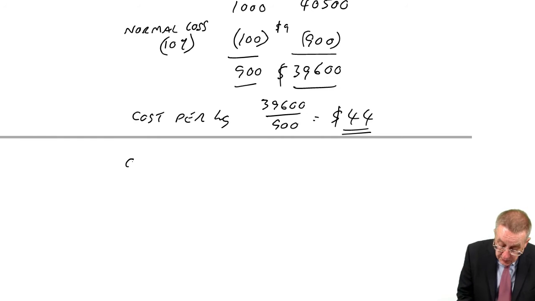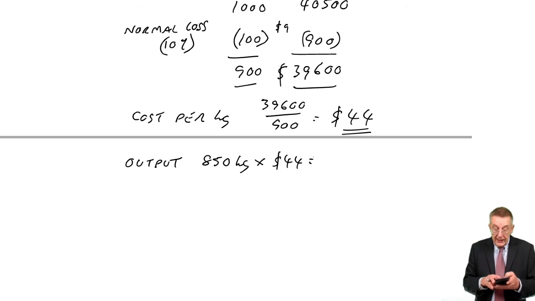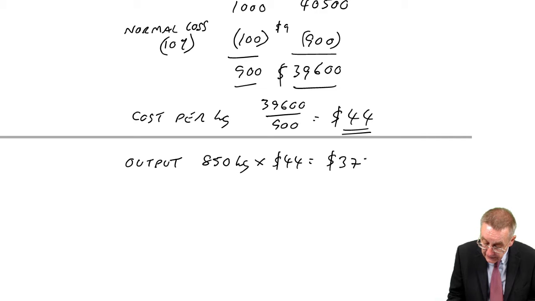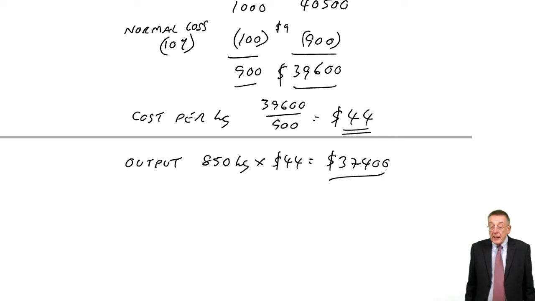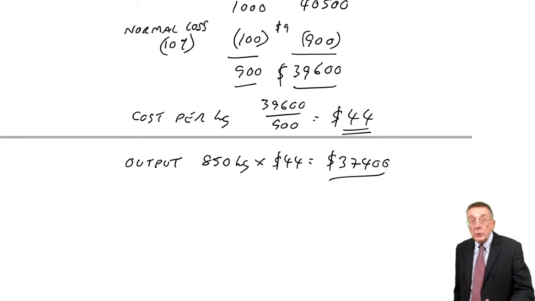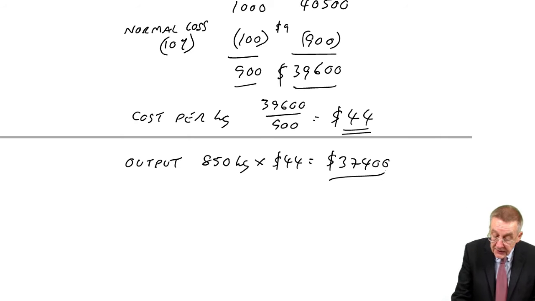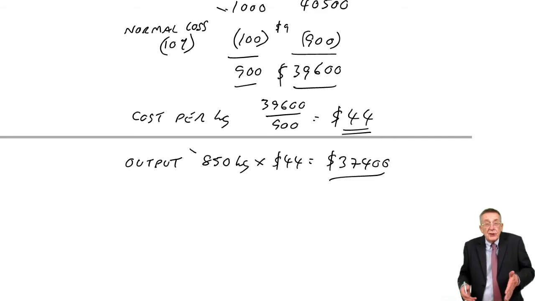We actually output 850 kilos, and we'll value them at $44, which is 37,400. But although we only expected to lose 100, 1,000 went in and 850 came out. We've actually lost 150. We've lost an extra 50.